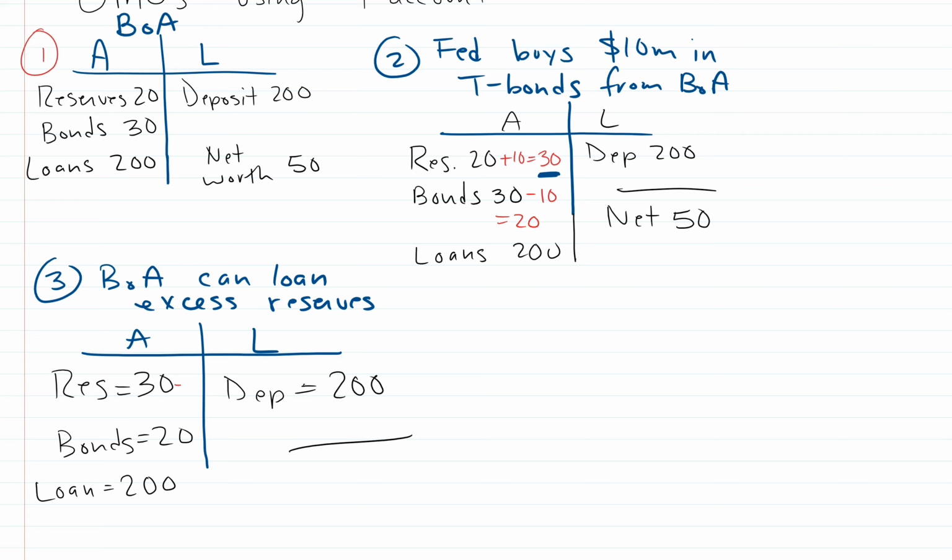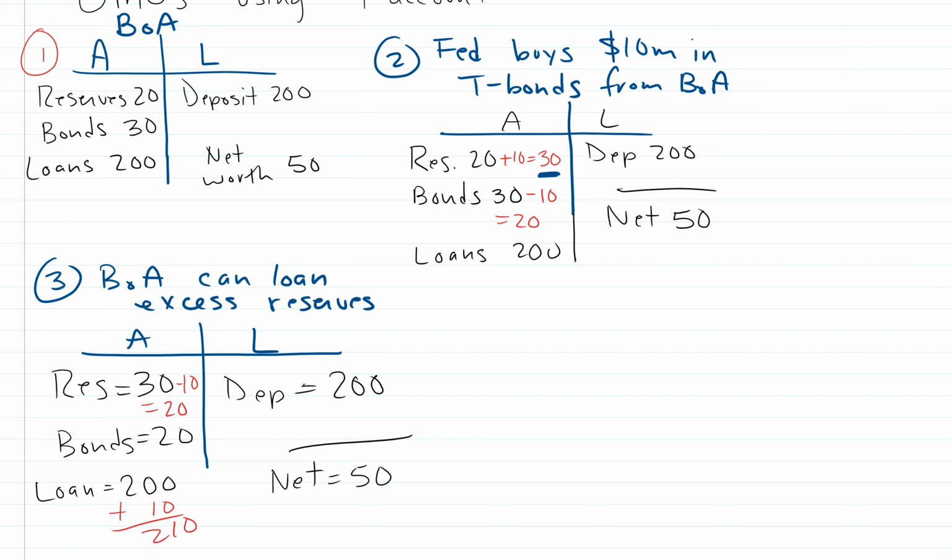Sorry, I should have put 10. They're going to lend out 10 million. So they got these extra reserves, so now they're going to lend them out. And so this is going to increase their loans. So now the loans are 210, and now the reserves are back to 20, right? Now, so far, the bank didn't make a profit yet. The net worth is still 50.